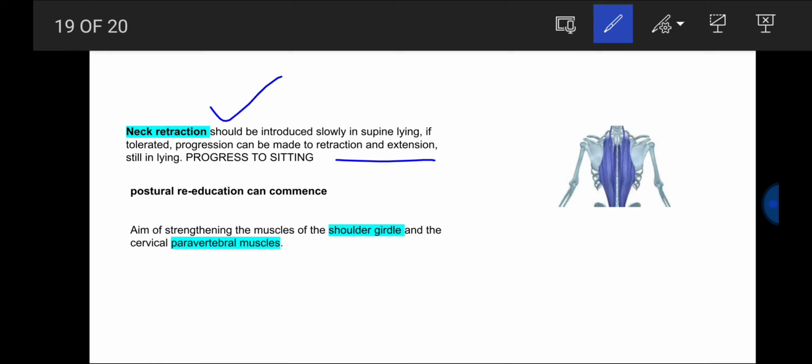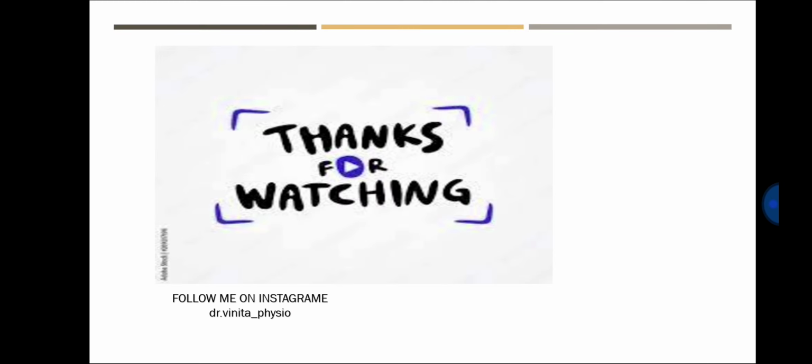Postural re-education, with the aim of strengthening the muscles of the shoulder girdle and cervical paravertebral muscles. So postural re-education is very important. If you are attending any type of patient, you have to give postural re-education to the patient.